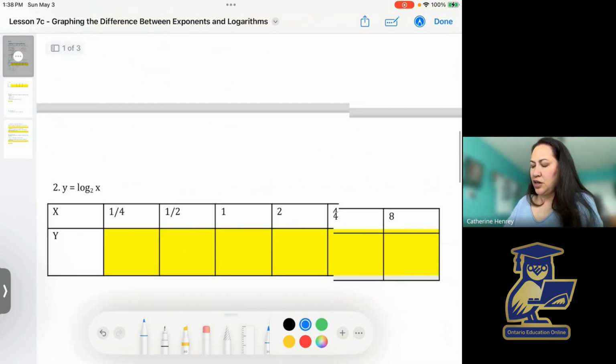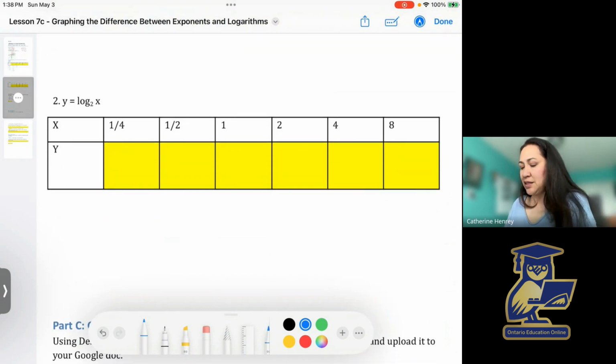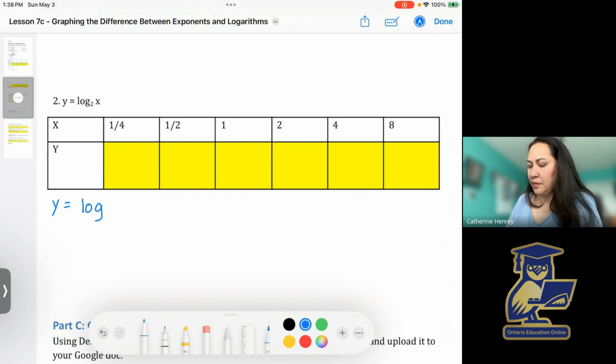The next function I want to work with is y equals log of x to the base of 2. So if I want to know y, I'm going to find the log of 1/4 to the base of 2. So how does this work? Well, remember when we were solving log problems before, we have then that the base 2 to the power of x equals 1/4.